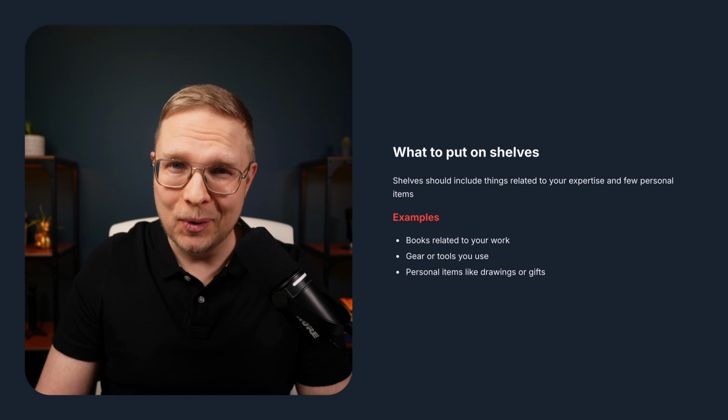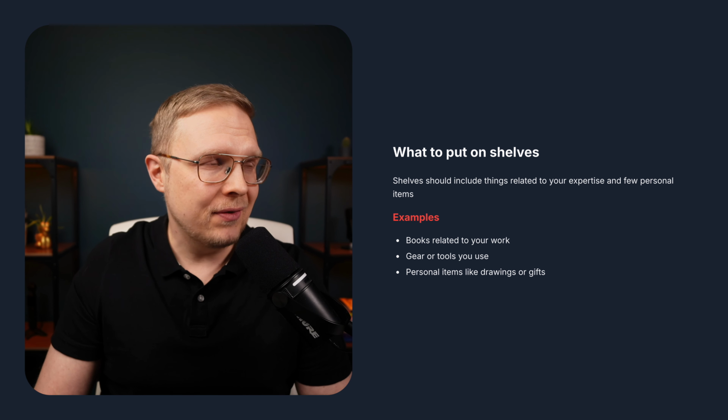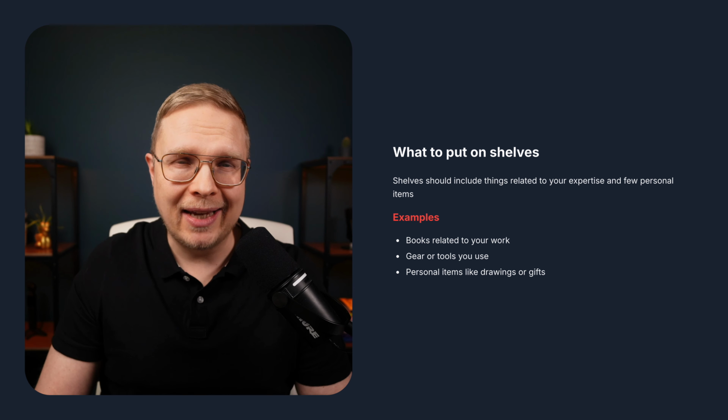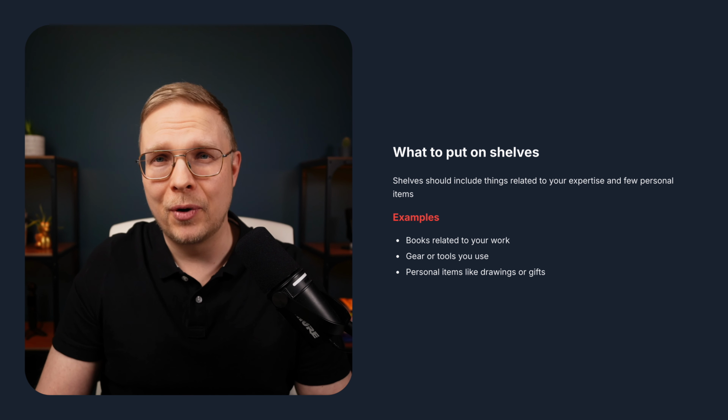So what to put on the shelves? Shelves should include things related to your expertise and a few personal items. For example, books related to your work, so that's why I have business books here, and tools or gear you use.